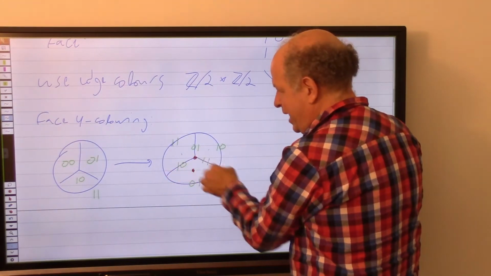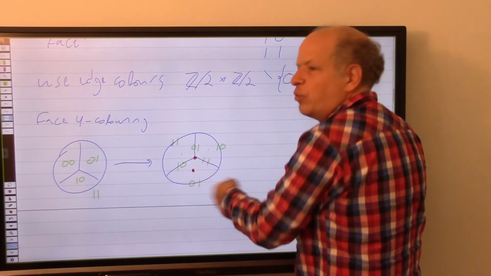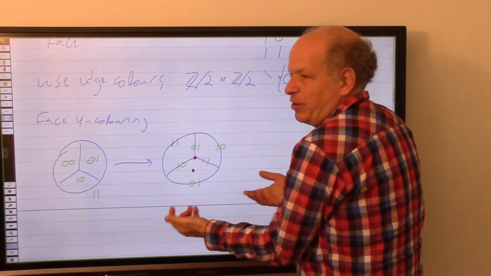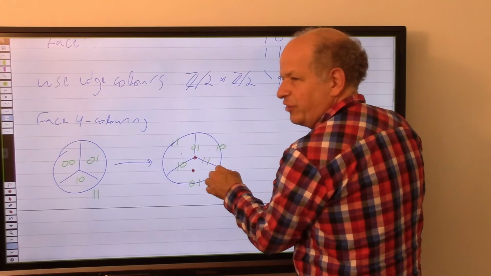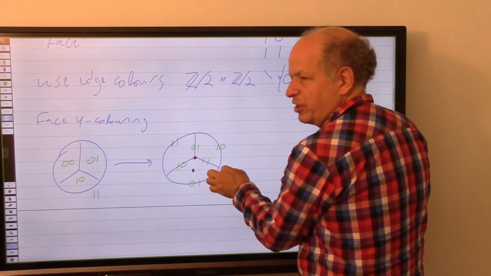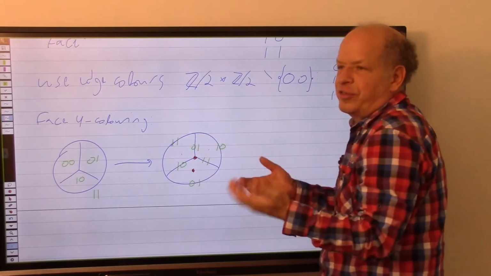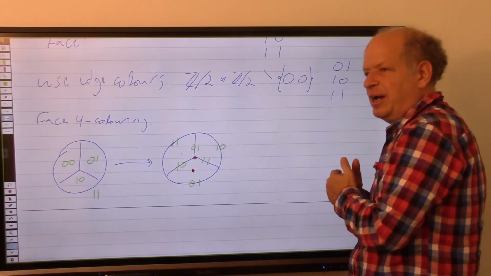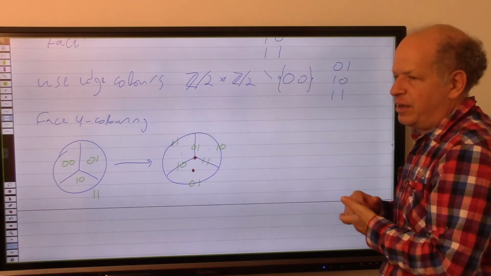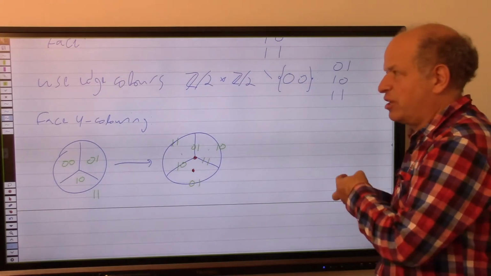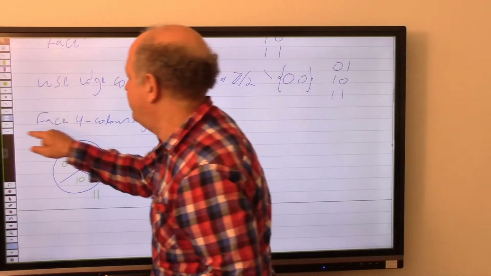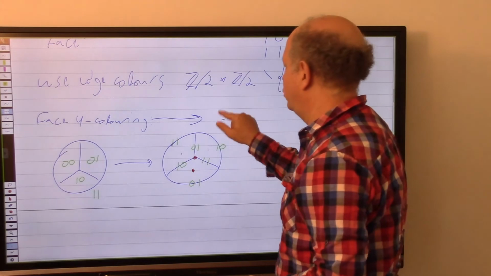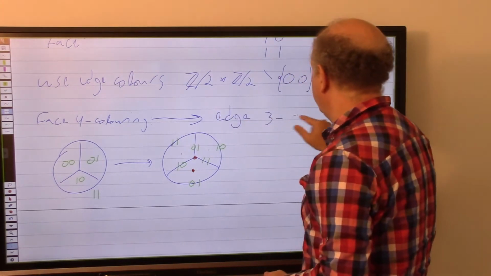So the two edges end up being colored with different colors. But that was true for any pair of edges. So these two are colored with different colors, and these two are colored with different colors, and these two are colored. So basically, all three edges are colored with different colors, so you get a legitimate edge 3 coloring. So I've just defined a map. So this just defines a map from face 4 colorings to edge 3 colorings.